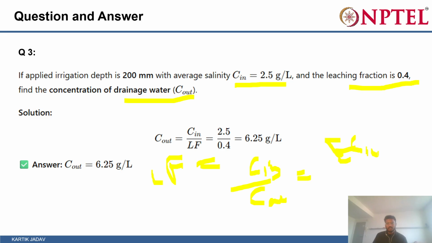Here they measure concentration, so you can still use this formula. We need to identify C out, the concentration of draining water. It is the concentration in irrigation water divided by leaching fraction, so it is around 6.25 gram per liter.